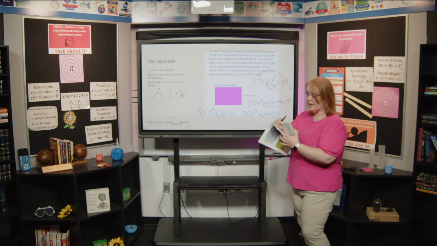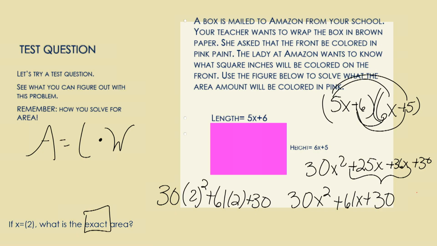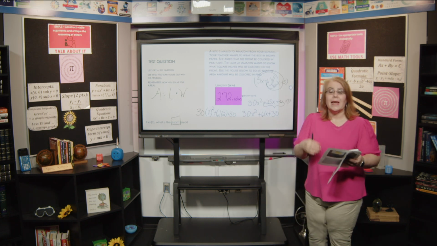So let's go ahead and plug it in. 30 parentheses 2 parentheses squared plus 61 parentheses 2 parentheses plus 30. And what do you get as your inches? I get 272 inches squared.